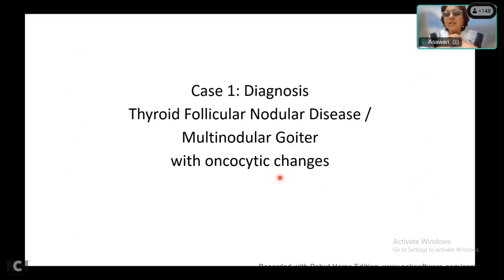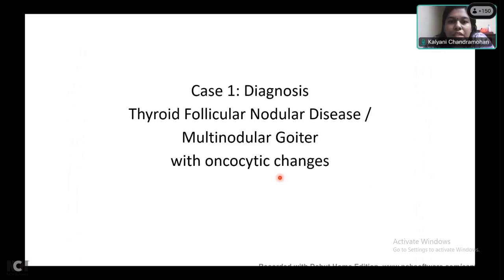So they are calling this thyroid follicular nodular disease nowadays. Is anybody aware of the recent WHO 2022 classification in thyroid? Any one of you have gone through it? Yes, ma'am. You know it, Kalyani? So is this included in the recent classification?